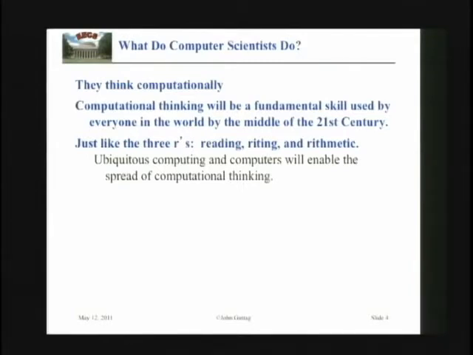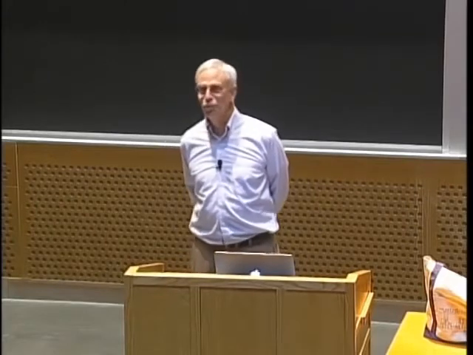By the middle of the 21st century or sooner, people will just do everything computationally. And just as once upon a time, maybe it's still important, everyone learned to read and write and do a little arithmetic, people will think that computation is exactly as important, and that you'll have to know how to formulate problems computationally to survive in society.